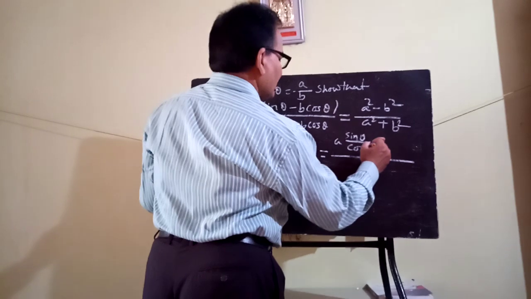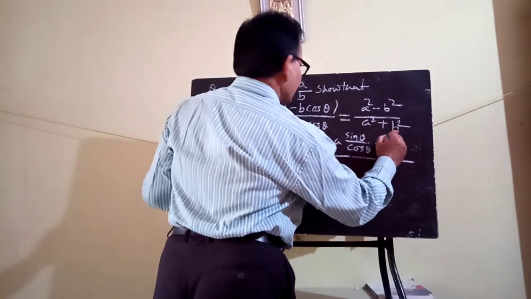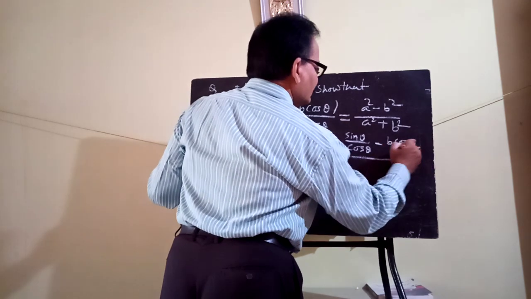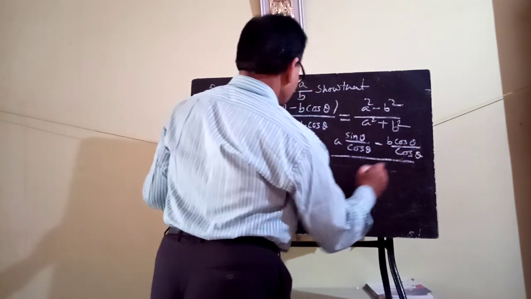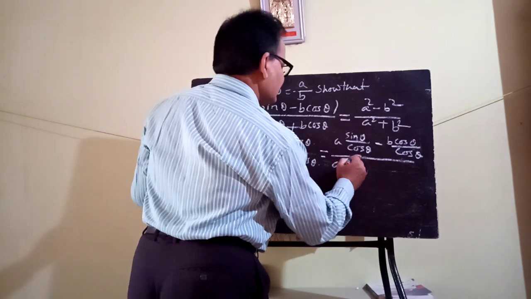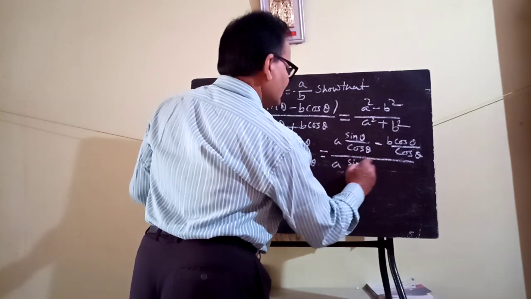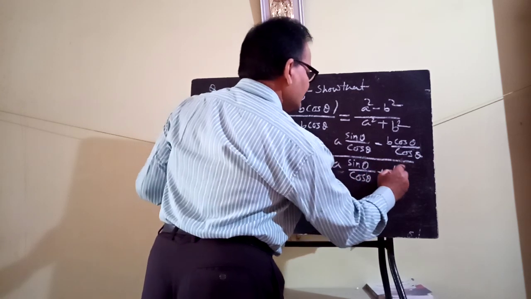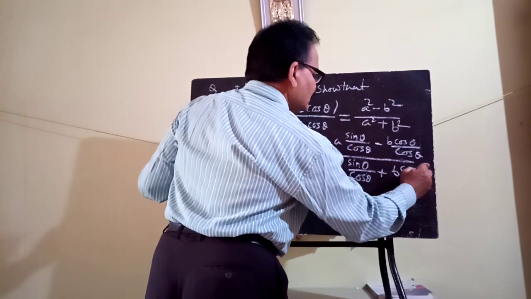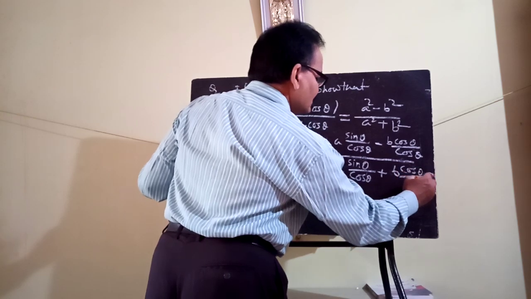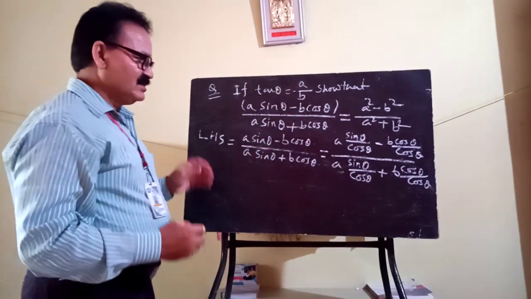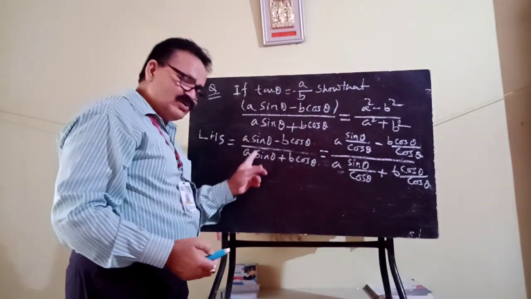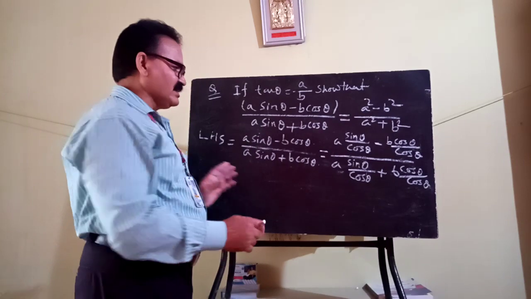Sin theta by cos theta minus B cos theta by cos theta, then A sin theta by cos theta plus B cos theta by cos theta. What you have done? In this case, you have divided both numerator and denominator by cos theta.